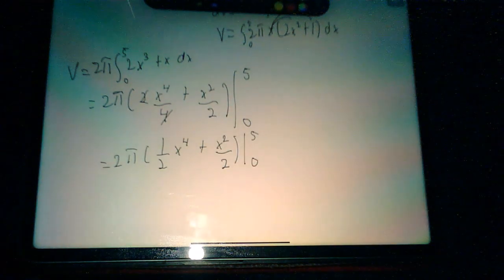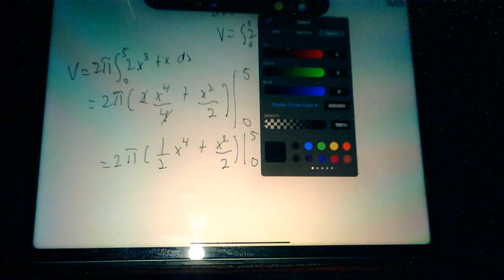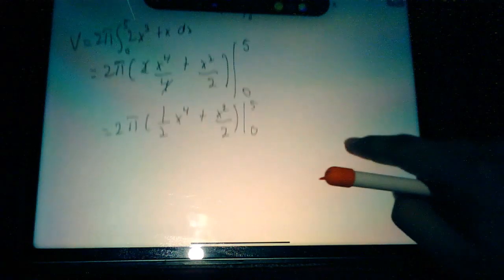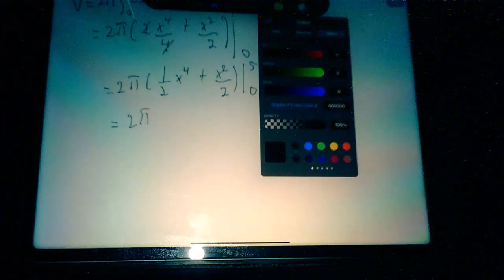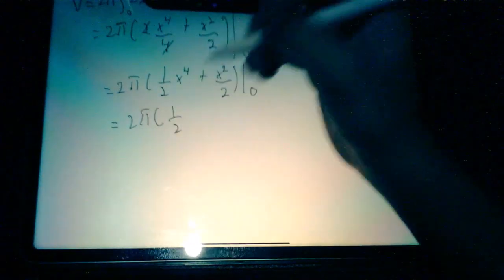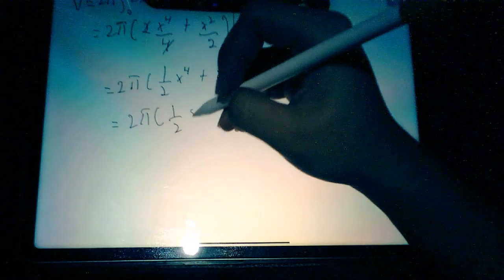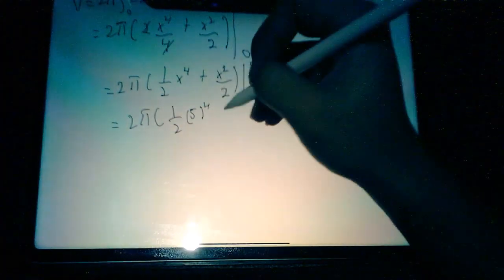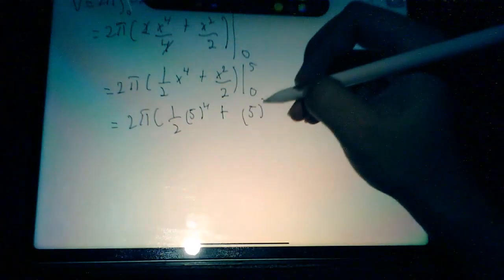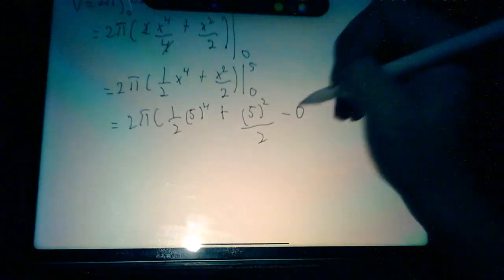So let's do that. Wait, let me get my calculator here. So 2 pi times 1/2 x here will become 5 raised to the 4 plus x will become 5 squared over 2 minus 0.